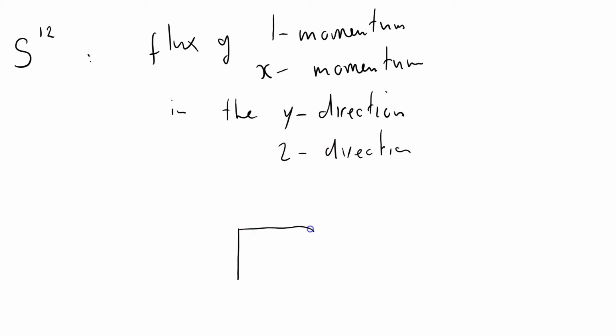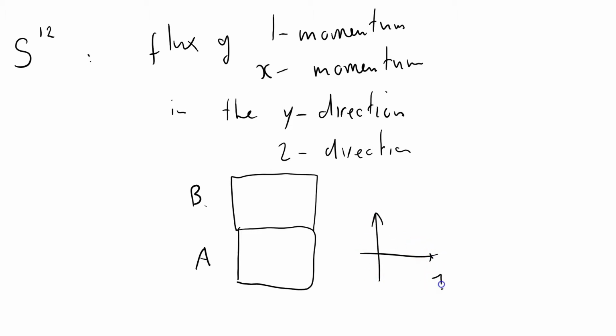So if I draw a little control volume here, and here's one here, there's box A and box B. These are boxes of little things, it might be rocks or something, and that is the 1 direction and that's the 2 direction. We can imagine this one moving in this direction, and there's a frictional force transmitted through this plane here which makes box B tend to move.